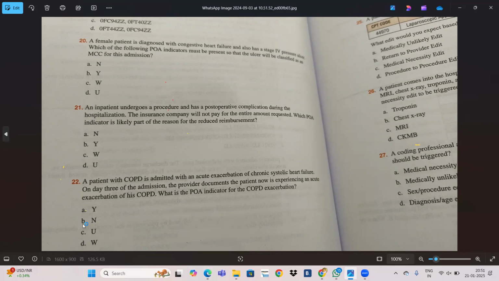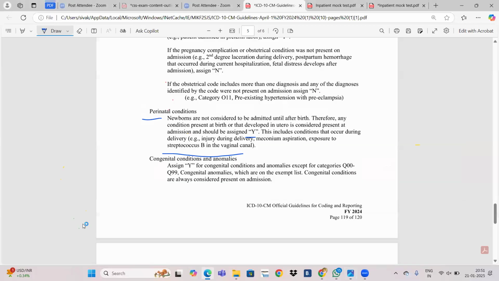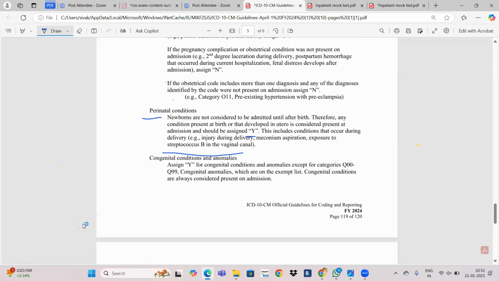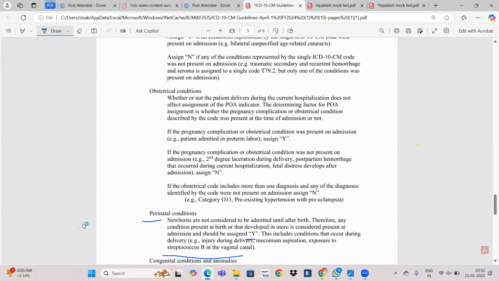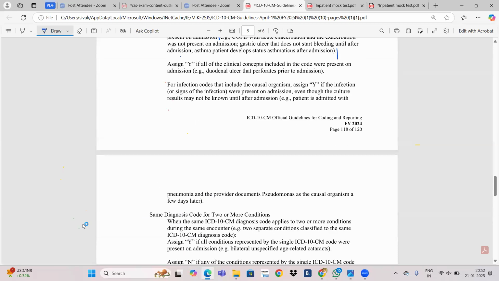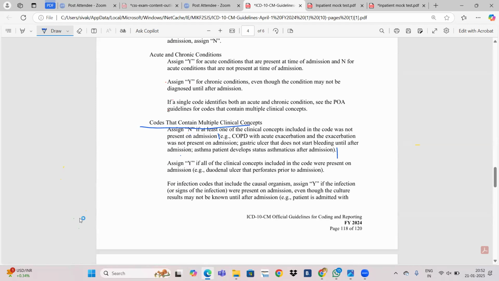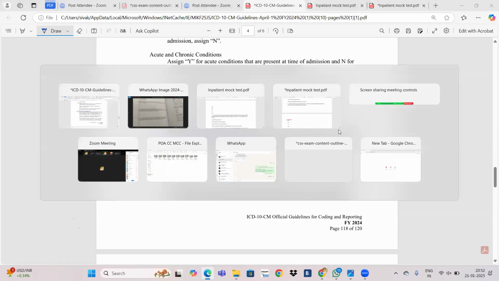You can show me that previous one, please. N only I showed. Okay, N only. Assign N, and keep at least one of the clinical concepts in mind. N only I said. Okay bro, thank you.